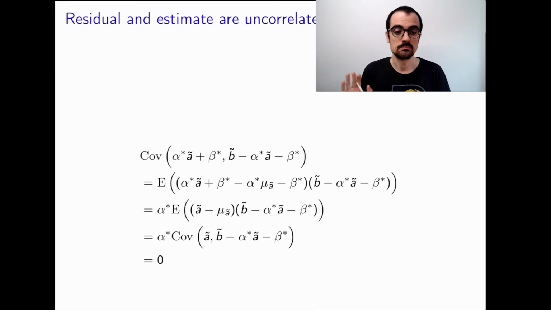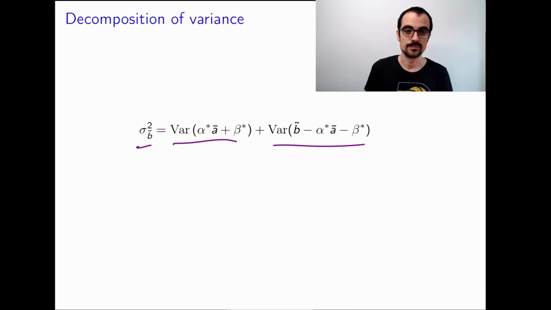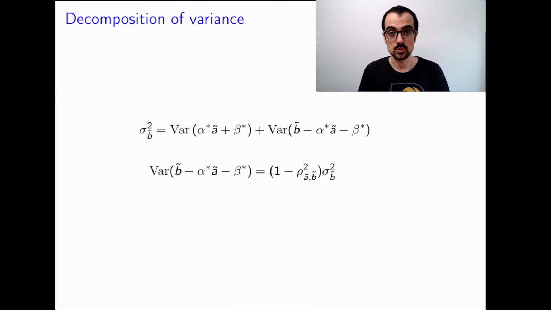Okay, so they're uncorrelated. This means that now we can apply this result that the variance of the sum is equal to the sum of the variances. We can separate the variance of B into the variance of the linear estimate and the variance of the residual. We have already derived that the variance of the residual is just equal to the variance of B times 1 minus rho squared.